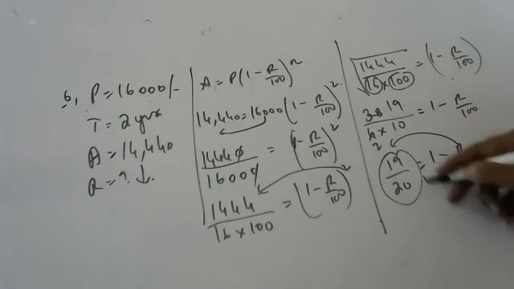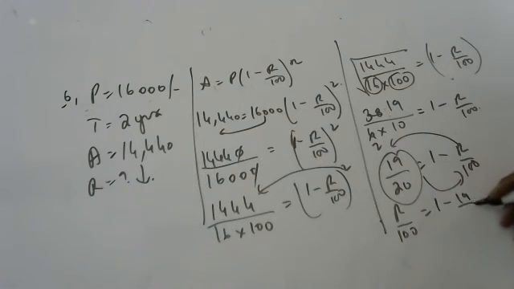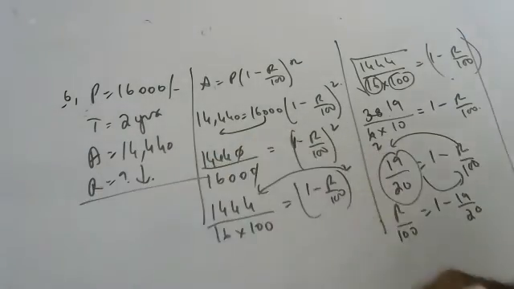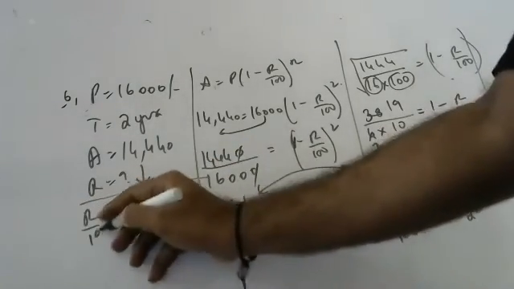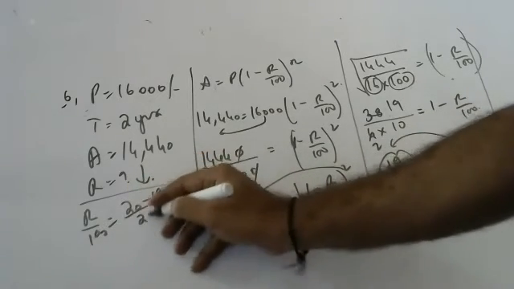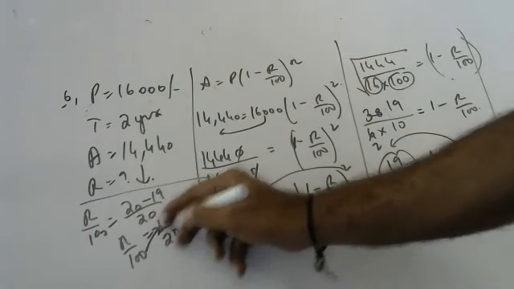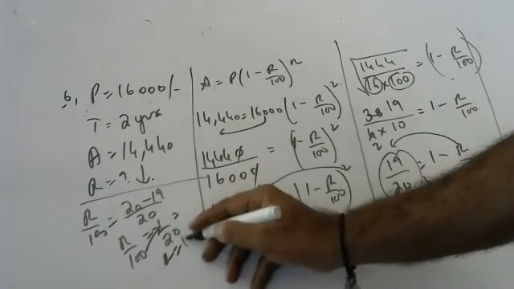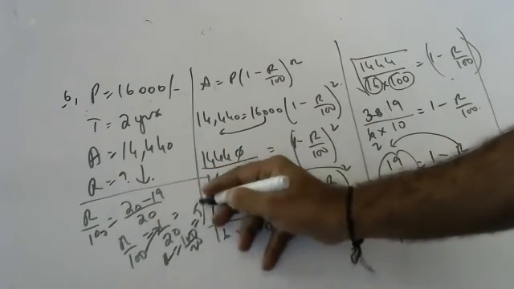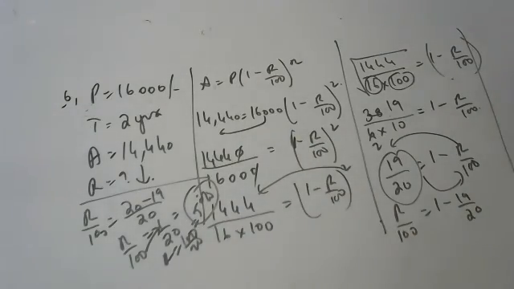This whole thing comes here: R by 100 is equal to 1 minus 19 by 20, which is 20 minus 19 by 20, so R by 100 is equal to 1 by 20. So R is equal to 100 by 20, which is 5. So 5% depreciation.